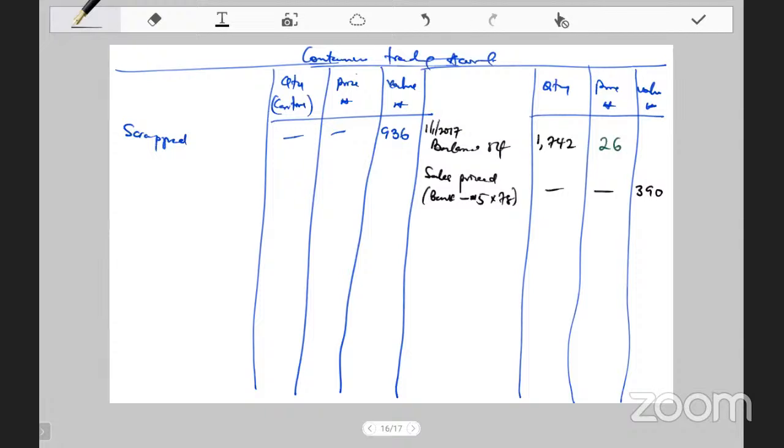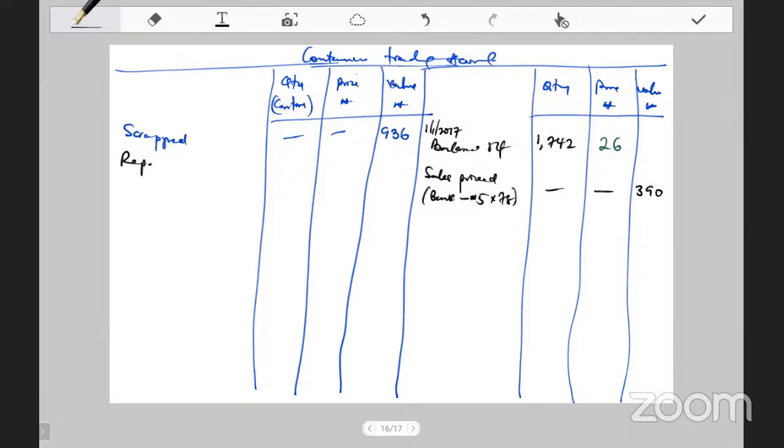What's the next information we have? Read on. The firm incurred 500 naira on repairs and maintenance of the damaged containers during the year. So it means we now have an expense, which is repairs.